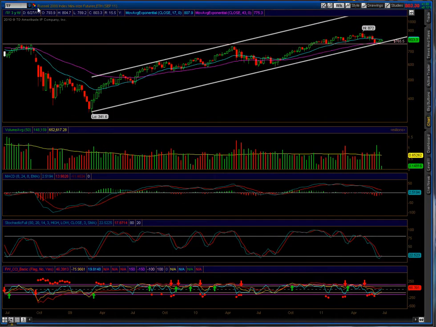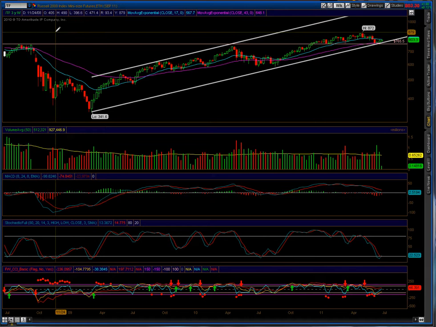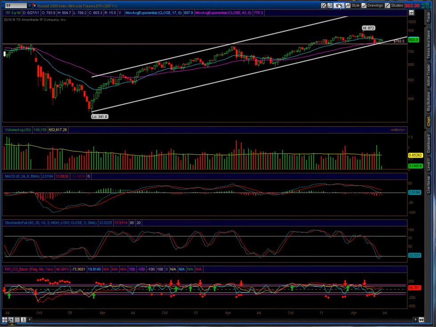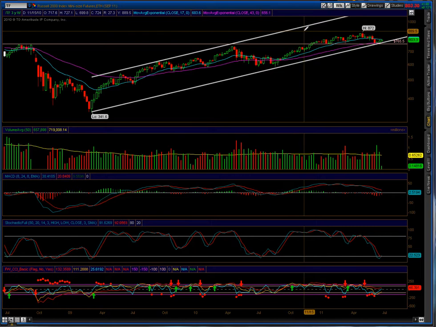All right, so the third chart that I'm looking at is the Russell 2000. Today, I want to say it underperformed the other two indices, but for the past few days, it has outperformed the other two indices. The Russell 2000 are the small caps, they're a little more volatile.